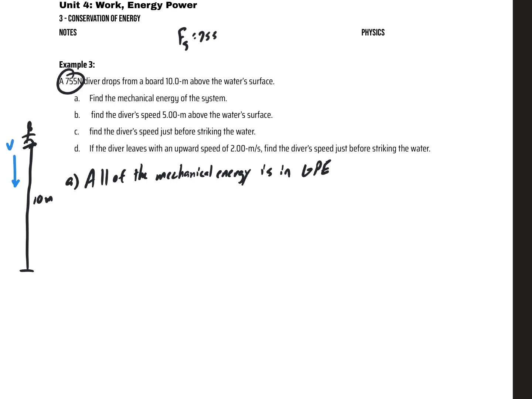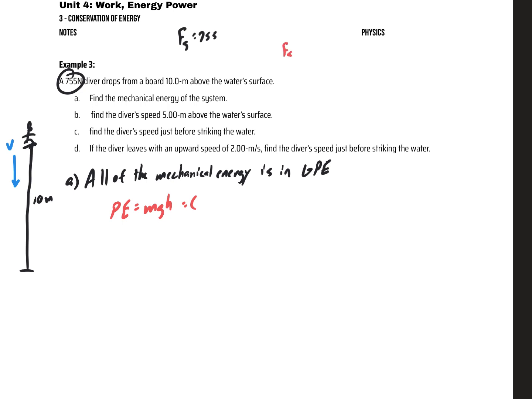For the first part, the total mechanical energy of the system is all gravitational potential energy. So that's the same thing as potential energy for us here. So mgh. We throw our numbers at it. Here we realize we need the mass of the object.